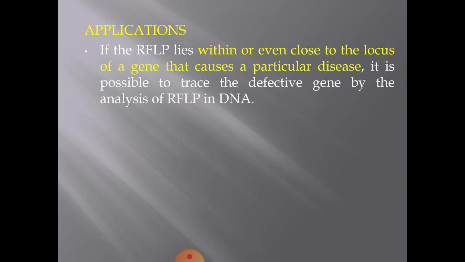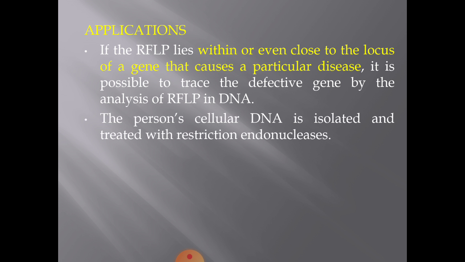If the RFLP, that is restriction fragment length polymorphism, lies within or even close to the locus of a gene that causes a particular disease, it is possible to trace the defective gene by analysis of RFLP in DNA.